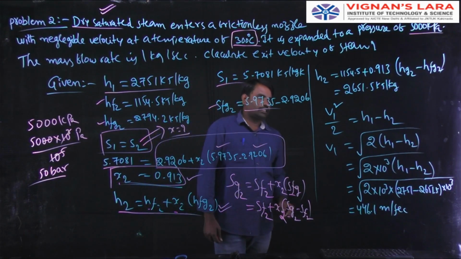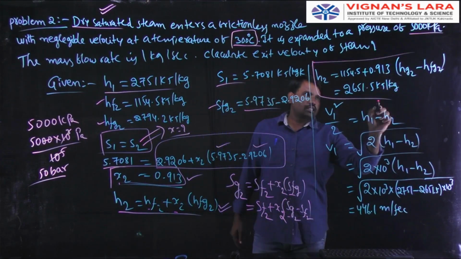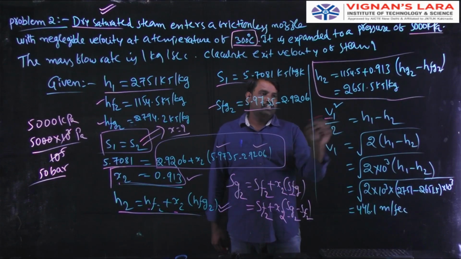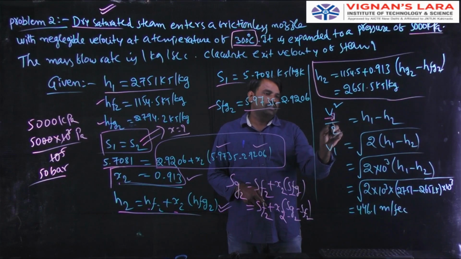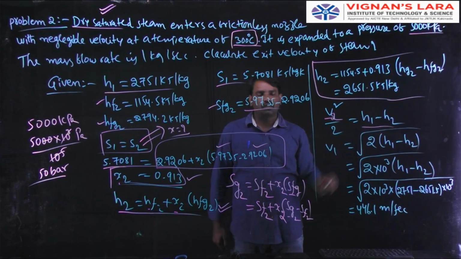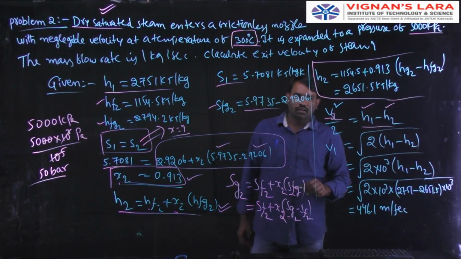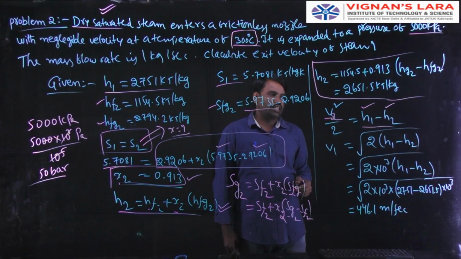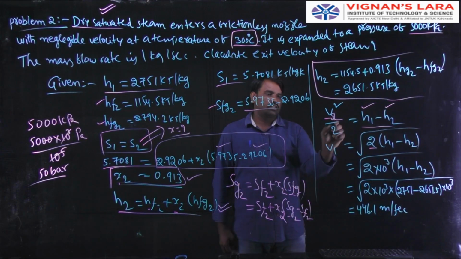After calculating H2, we use it to determine the exit velocity V2 of the steam nozzle. H1 minus H2 is the enthalpy drop. Initial enthalpy is higher and exit enthalpy is lower. That enthalpy drop is converted into another form of energy, the kinetic energy. Enthalpies are in kilojoules and velocities are in joules.